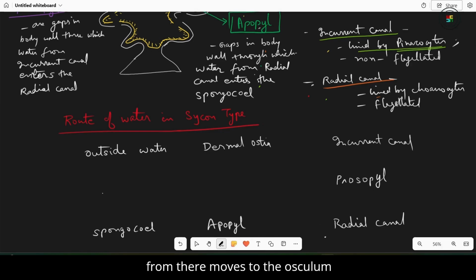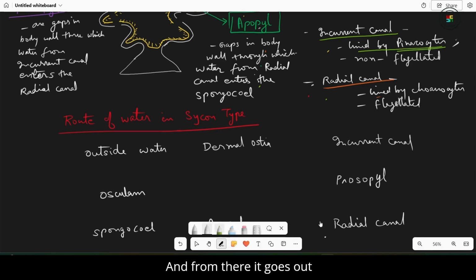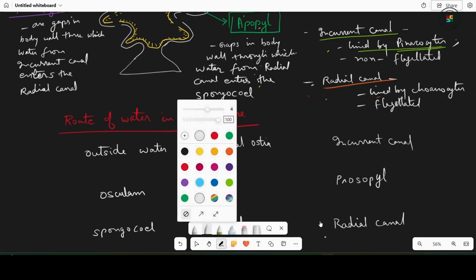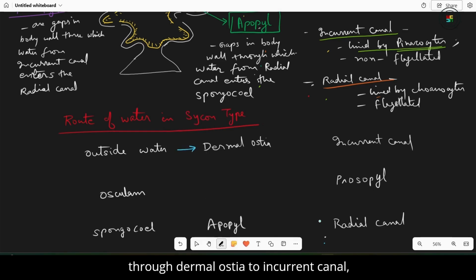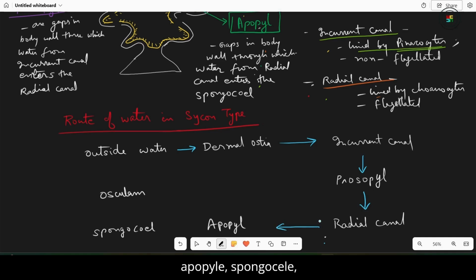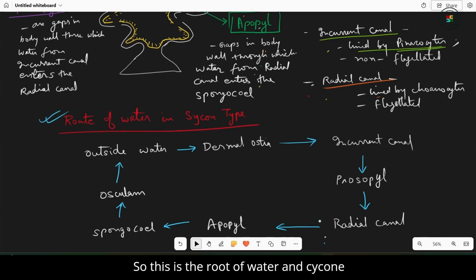From there moves to the osculum, and from there it goes out, right? Through dermal ostia to incurrent canal, prosopyle, radial canal, apopyle, spongocoel, osculum, outside water. So this is the route of water in Sycon type.